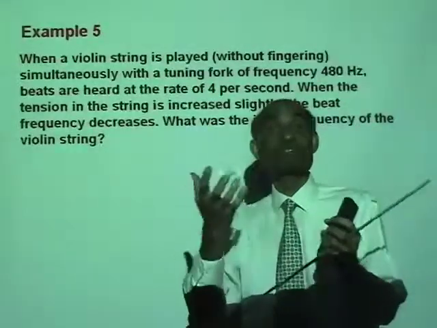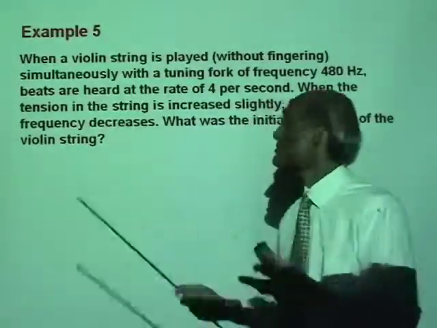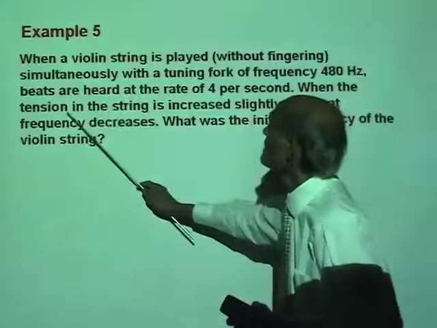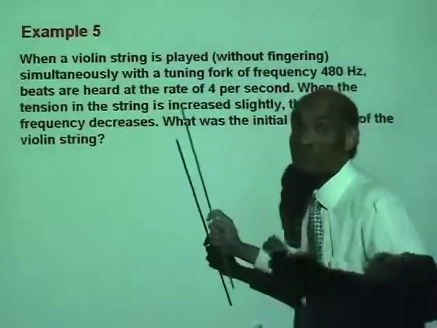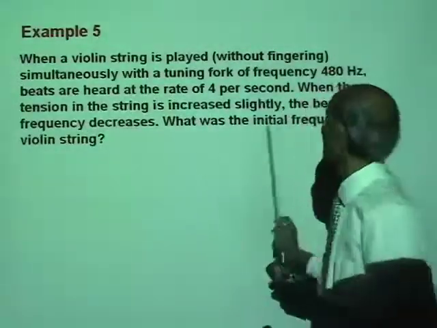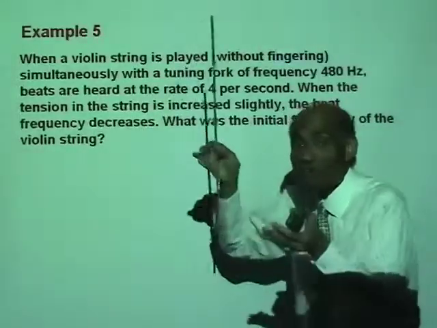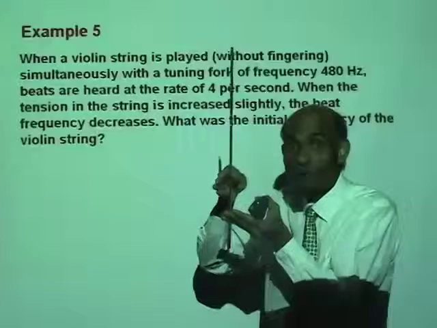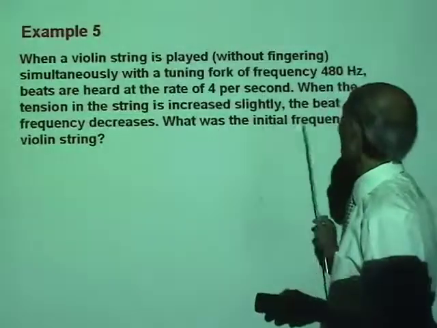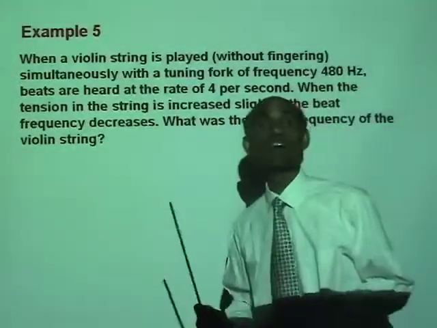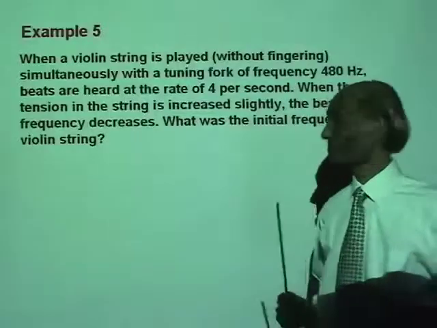Then the two frequencies will be exactly the same. So when the tension in the string is increased, the frequency is increased. The beat frequency decreases. That means the frequencies come closer to each other. What was the initial frequency of the violin string?